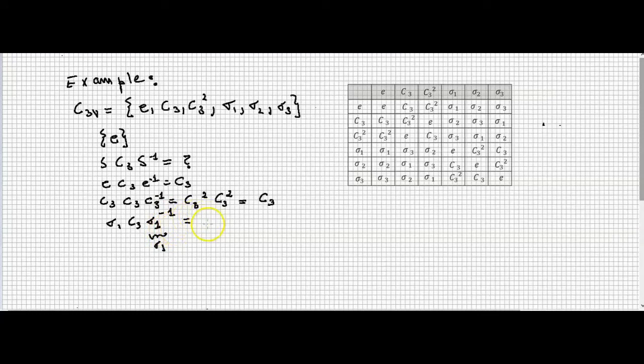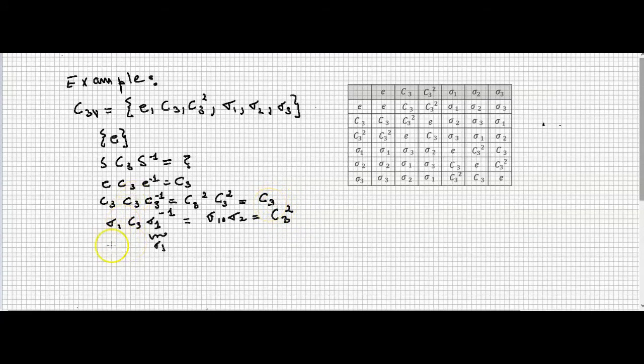Now, C3 multiplied by sigma 1, I have to look at the table. C3 multiplied by sigma 1 is equal to sigma 2, so it's equal to sigma 1 multiplied by sigma 2. Sigma 1 multiplied by sigma 2, I look at the table here, is equal to C3 squared. Okay, so C3 squared is a conjugated element of C3.